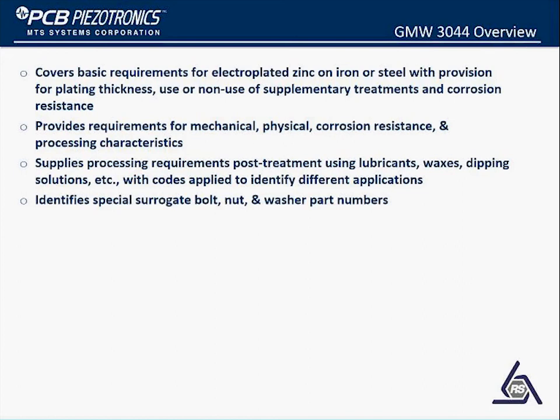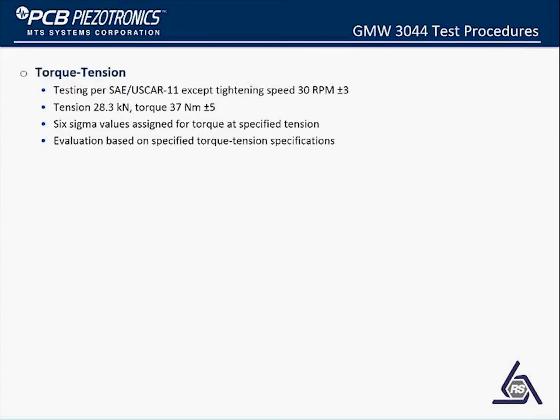So we have to know what it is we're working with, what kind of fasteners we have, and we want to make sure we follow these specifications. Now the process for GMW 3044 is basic. Number 1, it's going to look at torque tension.